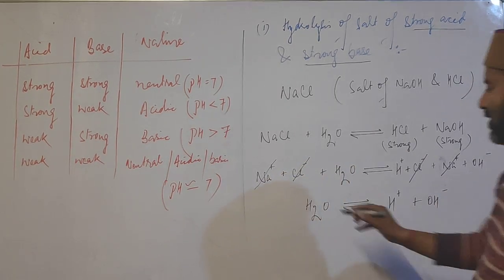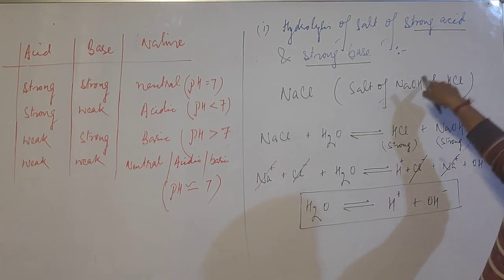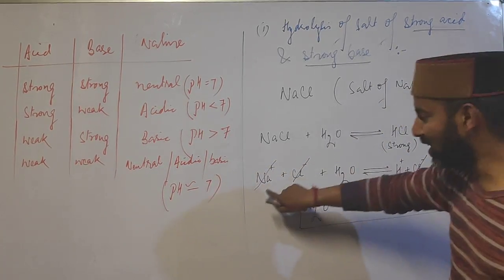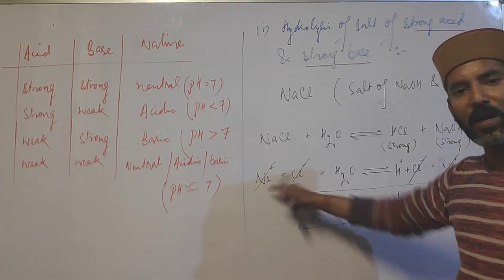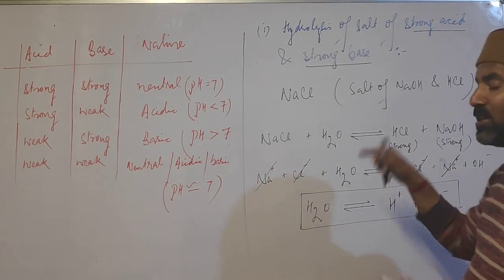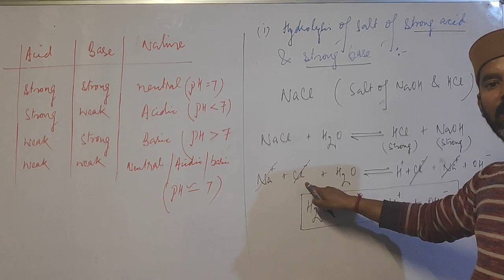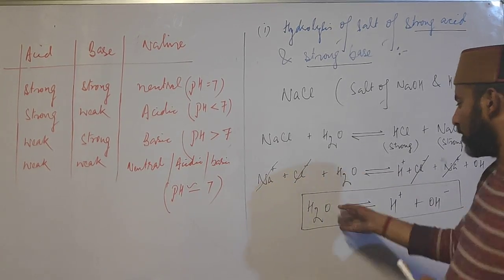Now students, see that when the salt is of a strong acid and a strong base, neither cation nor anion undergoes hydrolysis, because they are spectators, since the cation is the same after as it was before. So we say neither cation nor anion undergoes hydrolysis. So ultimately the equation represents what?